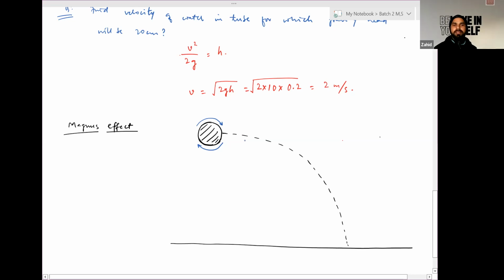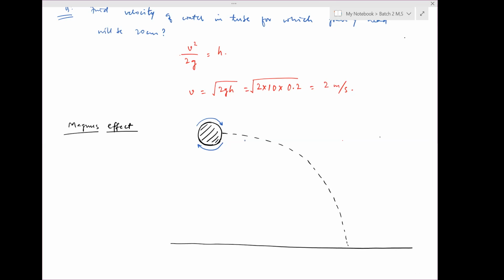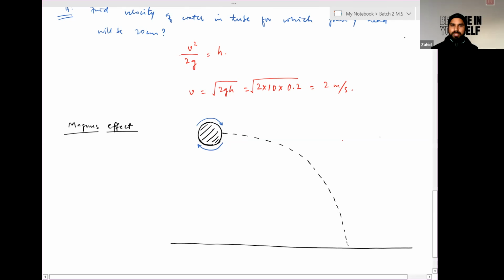Krishna? Any guess? Sir, can you repeat what you said? Suppose this ball is initially projected without spinning, so it may follow this projectile path or trajectory.